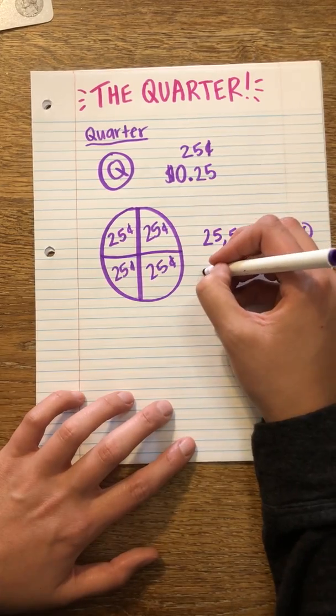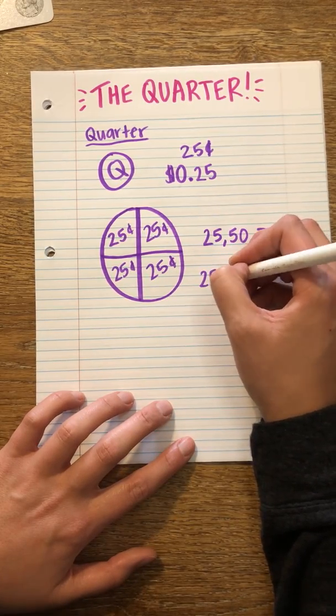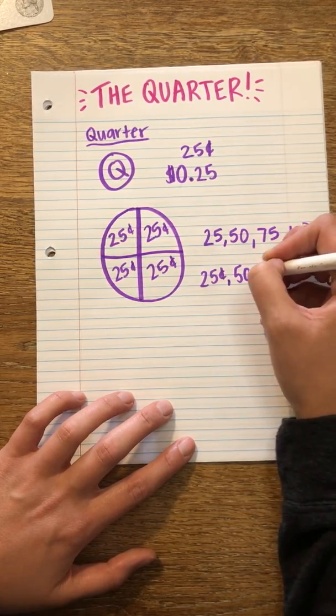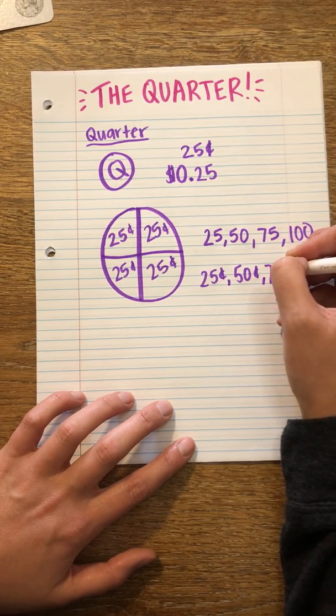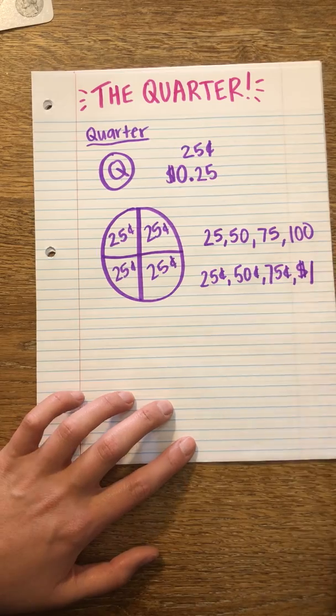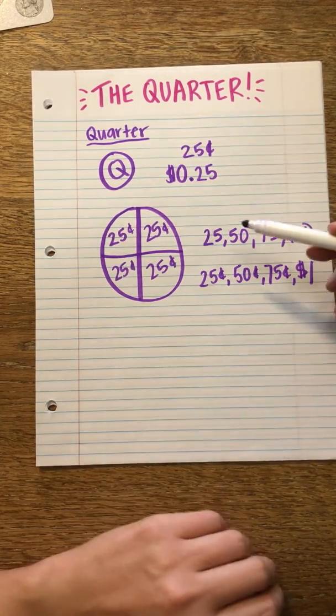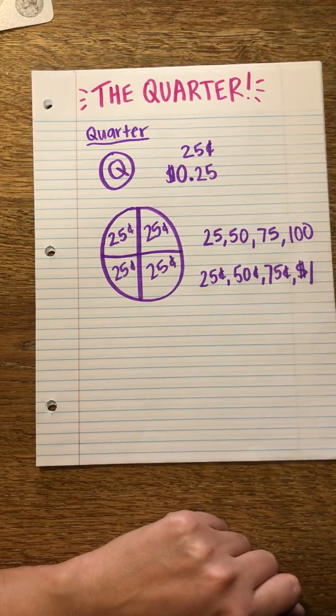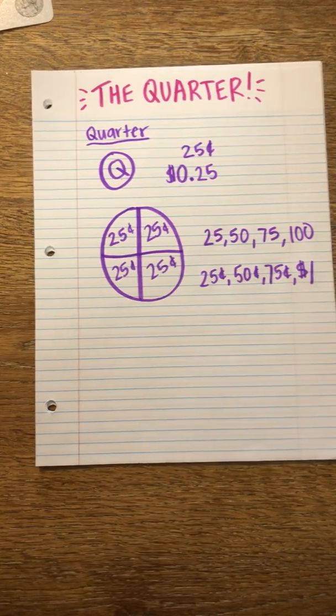So I could say 25 cents, 50 cents, 75 cents, $1. Okay? Let's do that one more time. 25, 50, 75, $1. Right? I like to do it like that in my brain so that I can hear the pattern and it flows really nicely.